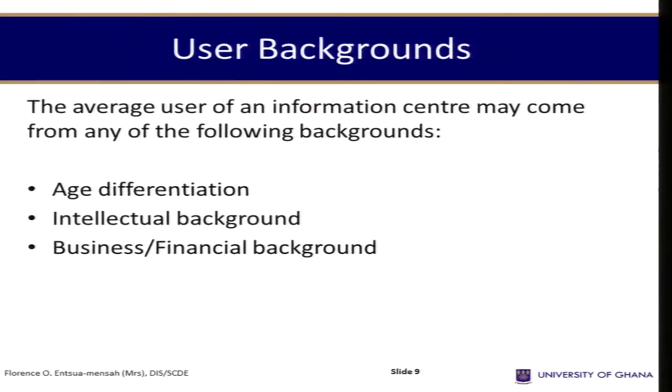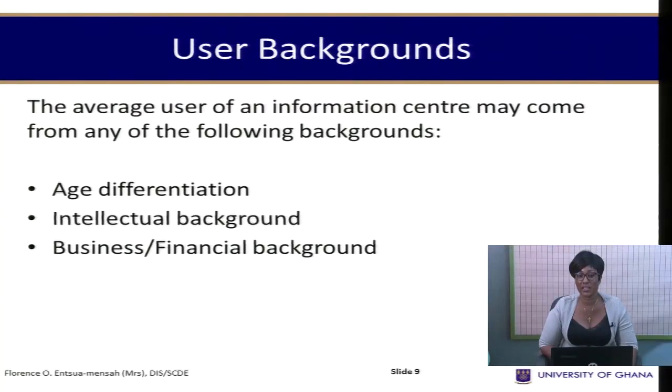The next factor to consider is the user's background. What is the age difference? What is the intellectual background? Is that information for business or for financial gains? The age of the user will help you to satisfy the user in the sense that the way you attend to an adult user is different from the way you attend to a child.